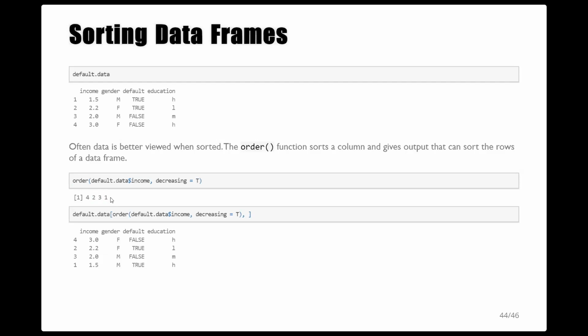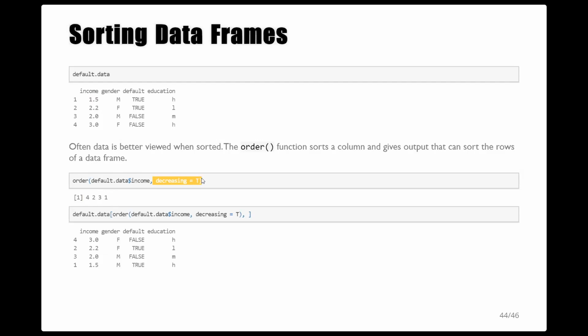As you can verify, 4 is the position of the largest income value. 2 is that of the second largest income value. And 1 is the index of the smallest income value. So this vector gives a permutation of positions and tells us how to rearrange the income values into descending order.